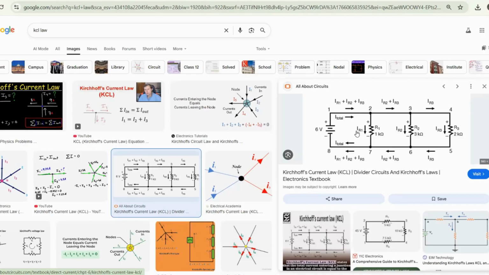In KVL, it is V1 plus V2 plus V3 up to Vn equals 0. N number of voltages, add them, equals 0. That is what KVL is. Clear, no? Yes, sir.